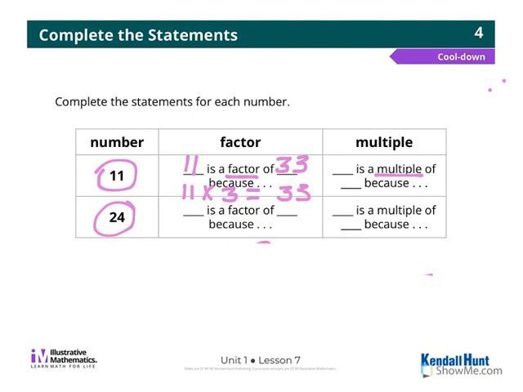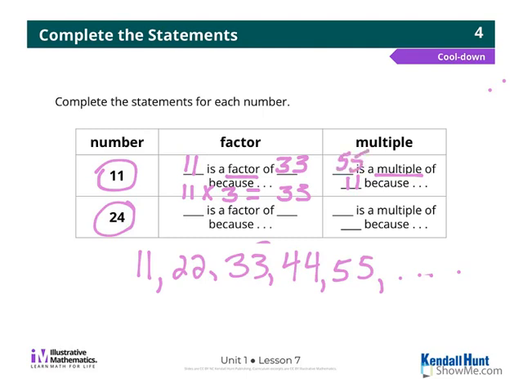Okay, so blank is a multiple of 11 because when I count by 11, the numbers I say out loud would be 11, 22, 33, 44, 55, and so on, right? So 55 is a multiple, for example, of 11 because, well, 11 times 5 is 55. I could also say because when I count by 11s, I will say 55 out loud.